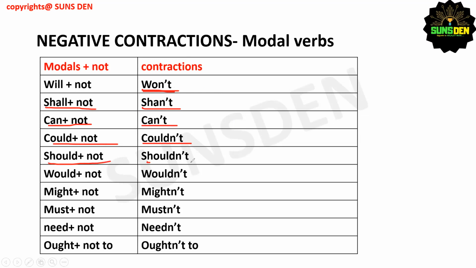Should plus not, shouldn't. Would plus not, wouldn't. Might plus not, mightn't. Must plus not, mustn't. Need plus not, needn't. Ought plus not to gives you oughtn't to.